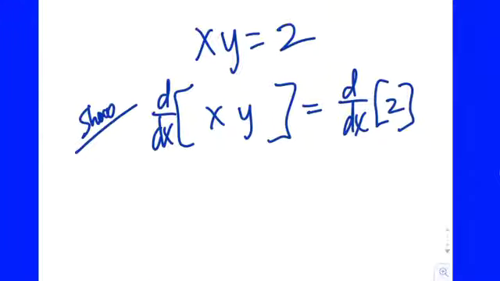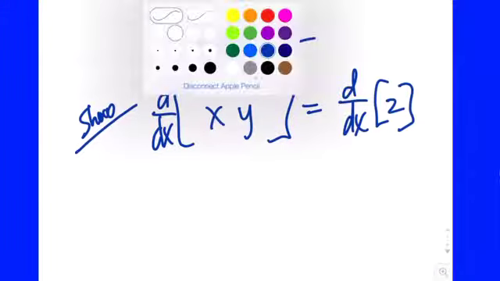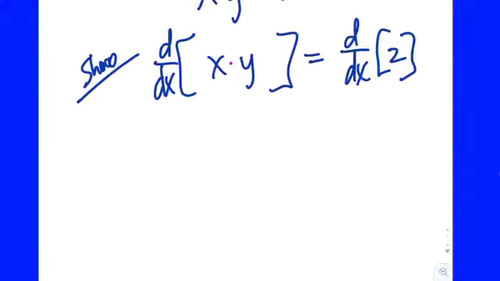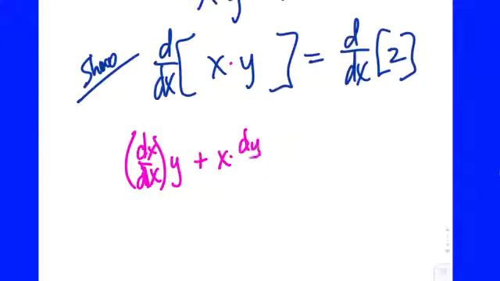Okay, now what is going to be the derivative on the left side? What rule are we going to have to use now? I have to use a product rule, yes? Because it's x times y. So what would be the derivative of x with respect to x? It would be 1. Or you can write dx dx if you want. I'm going to go ahead and just write it as dx dx. So it's dx dx times y plus x times dy dx.